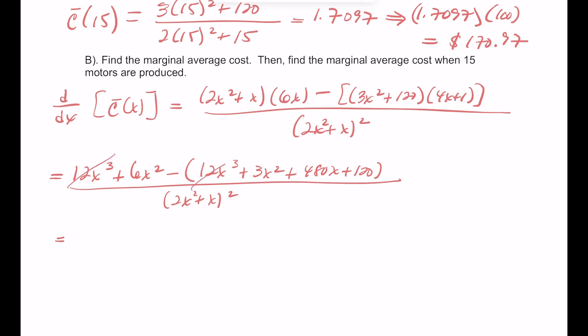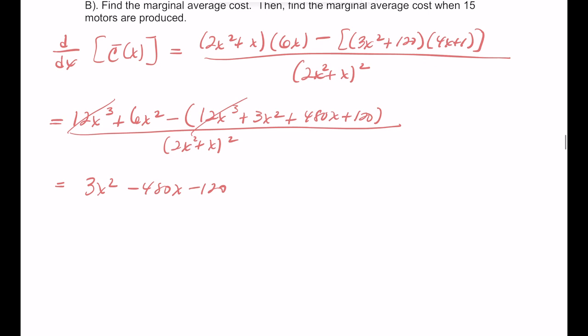So we can cancel out the 12x cubes. If I combine 6x squared minus 3x squared, you get 3x squared. And then I've got a negative 480x and a negative 120. And then I'm going to divide by the quantity 2x squared plus x, squared.